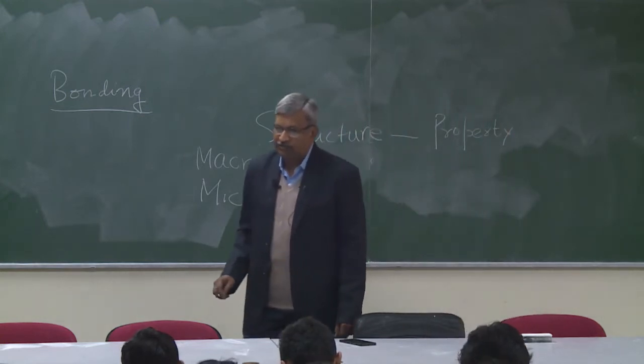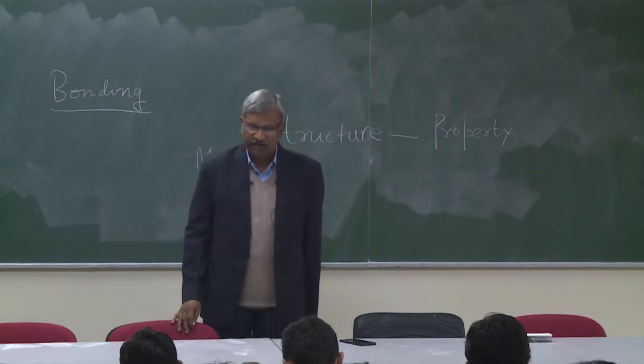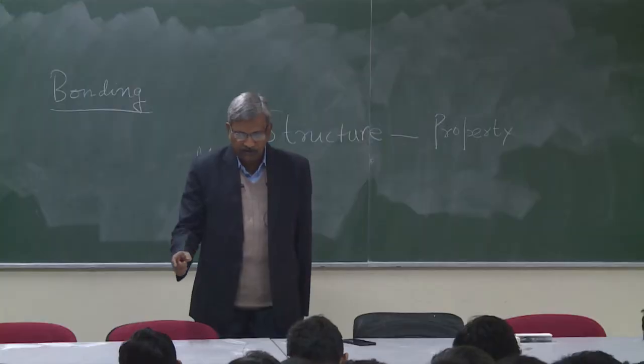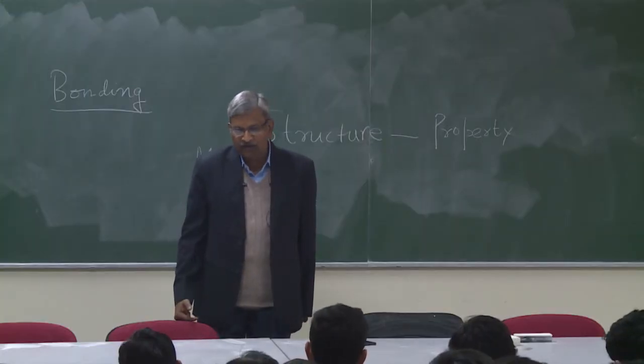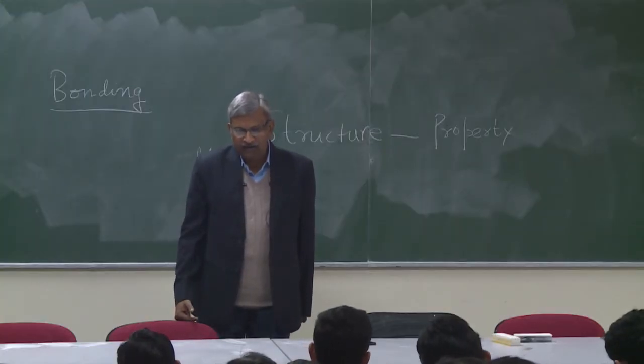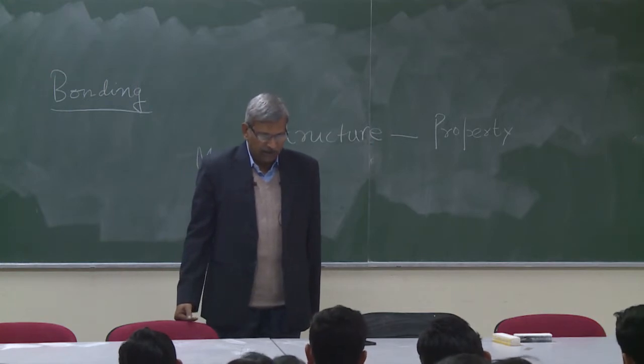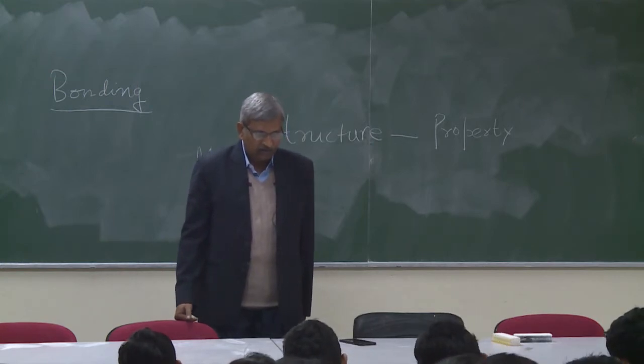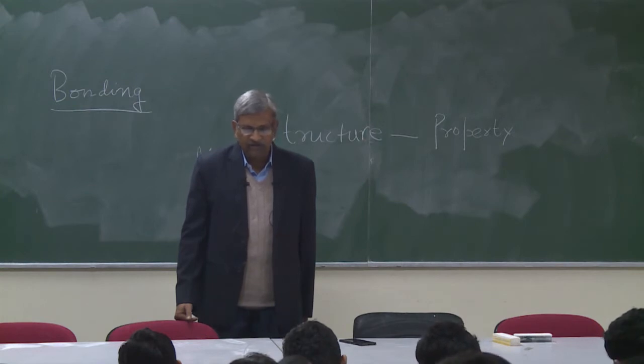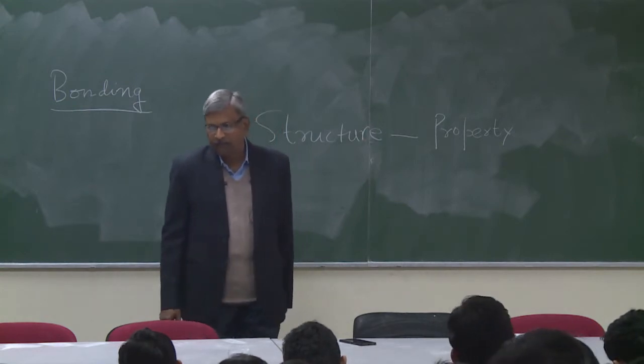So let us try to understand what it means. Can you tell me how much is 0.1 millimeter in micrometer? Please convert quickly. 1 micrometer is equal to 10 raised to the power minus 6 meter.